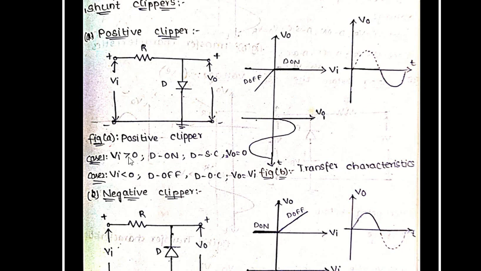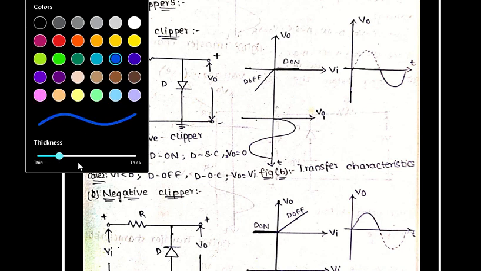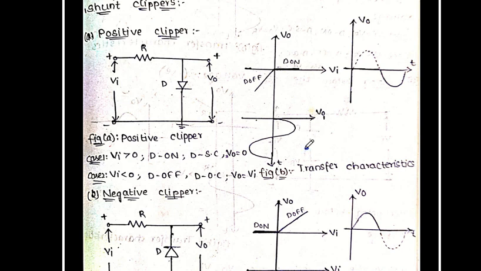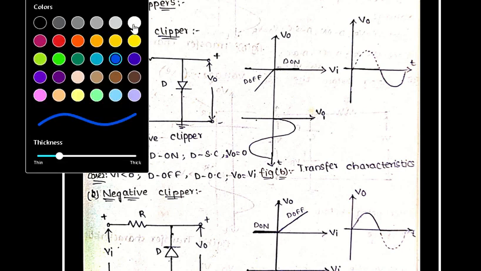Now, coming to the first case, when the input signal is greater than 0 volts, that is from 0 to positive maximum and positive maximum to 0. For example, the maximum amplitude of the input signal is taken as 5 volts.